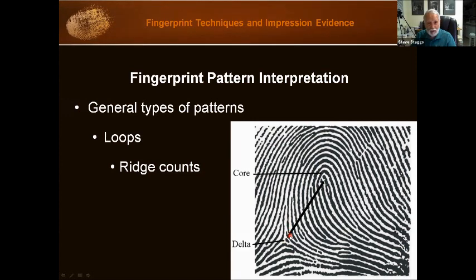It comes close, but it doesn't touch, so I'm not going to count it. So I have 1, 2, 3, 4, 5, 6, 7, 8, 9, 10, 11, 12. So not counting the core, I have a count of 12. All right, so there you go. There's a ridge count of 12.